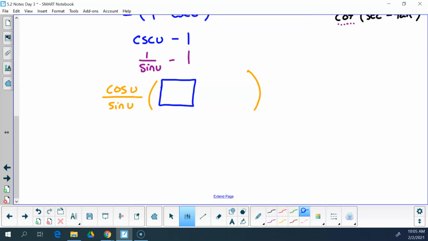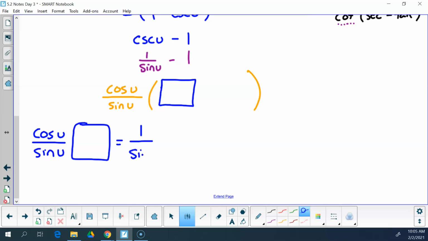right? When I multiply it, so cosine times sine times my blue box has to be 1 over sine. Because when I multiply those two back together, I got to get this purple thing right there. Right? Well, what is going to get me to that? What's going to fill that box for me? 1 over cosine? Right?